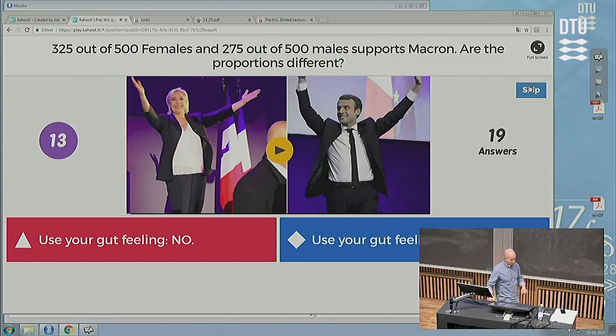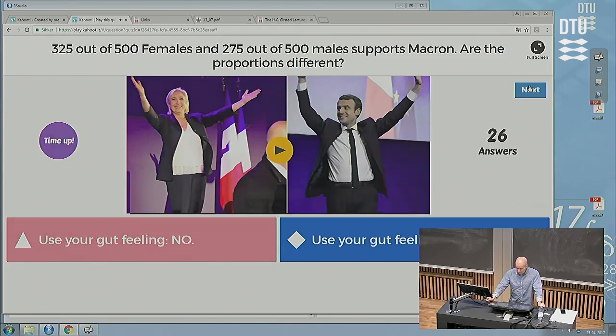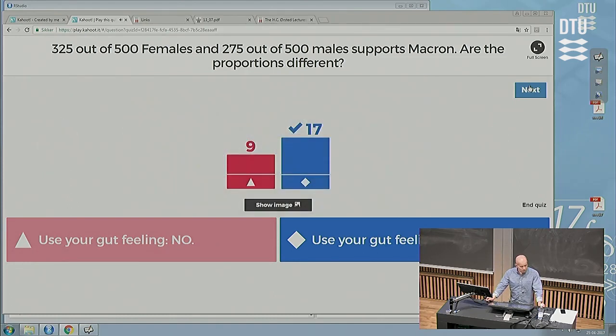Like that. Well, it's getting better. Your gut feeling, it helped with a bit of music there. Good.